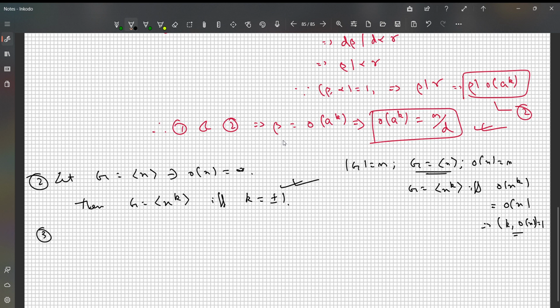There is one more obvious observation we can make, which is that suppose G has a finite order. Suppose G is generated by X such that the order of X is equal to n. Then G is generated by x to the power k if and only if the GCD of k and n is 1.